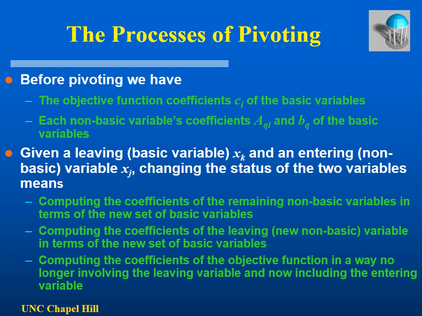It's acting like a constraint, and we're going to need the coefficients of that constraint in terms of the new set of basic variables. And finally, we have the objective function c sub i values that can no longer be in terms of the leaving variable, but must be in terms of the old basic variables, except for the leaving variable, and the new entering variable.